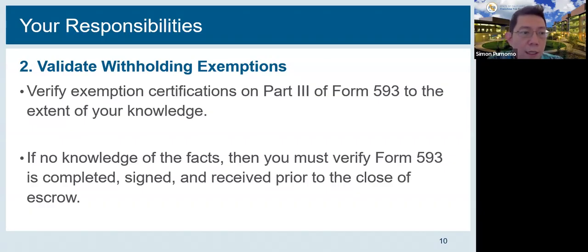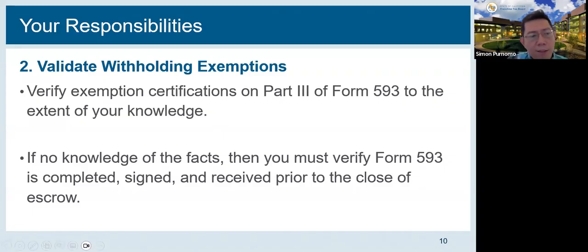However, you know that the house was their vacation home. Given your knowledge of this fact, you should withhold regardless. Now, if you do not have knowledge of these facts, then you must verify that the Form 593 is completed, signed, and received prior to the close of the escrow.